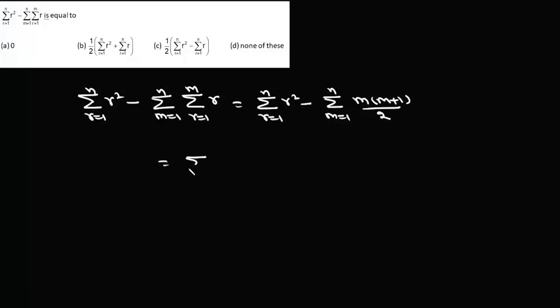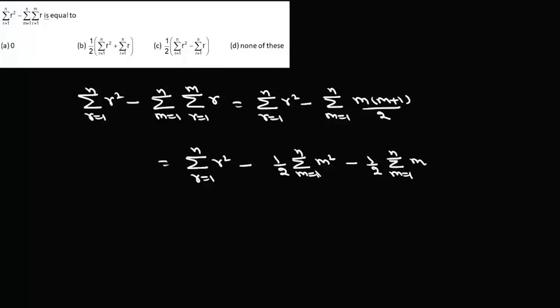So basically this is summation r varies from 1 to n r square, minus 1 by 2 summation m varies from 1 to n m square, minus 1 by 2 summation m varies from 1 to n summation m.